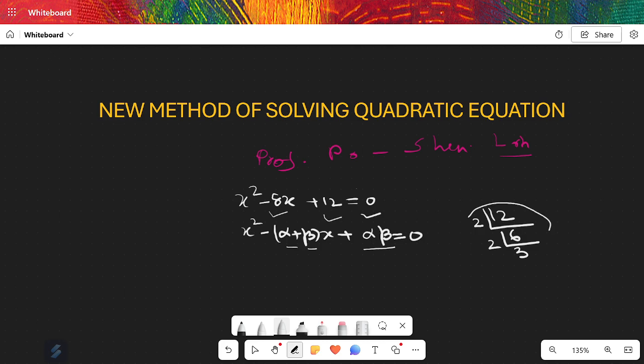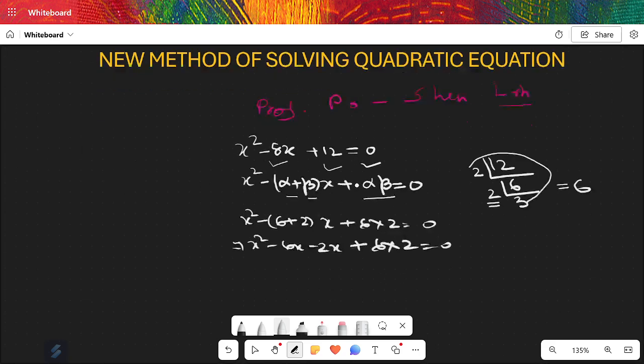So as you see, 2 and 6 multiply to give 12, and they add to 8. You just write it down like this. Here alpha is 6, beta is 2, and 6 into 2 is equal to 12. So after removing the parentheses, you will get this.